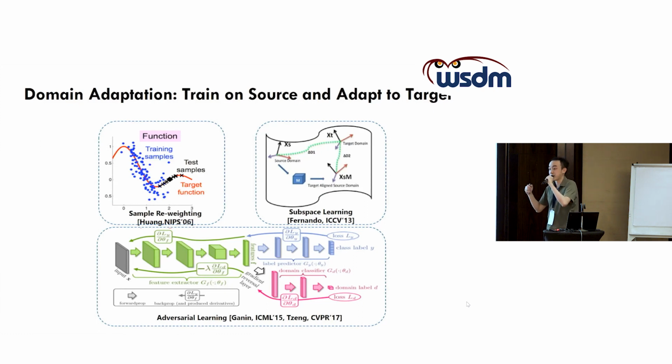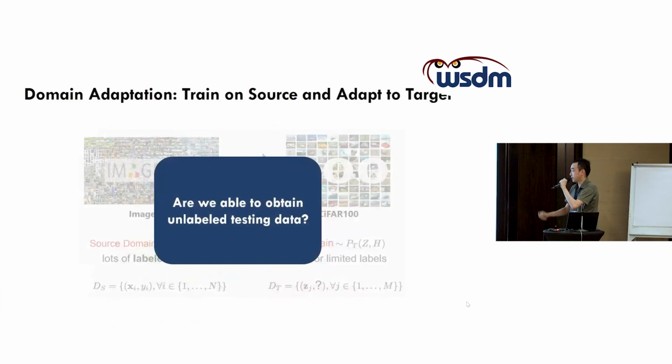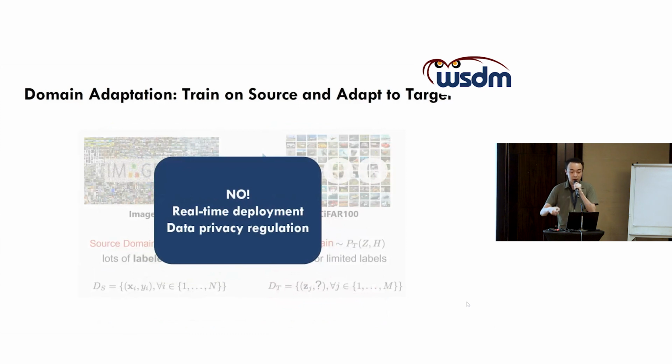But actually in practice, especially for online, real-time applications, this target domain is not available during the training stage. So we want to ask, are we able to collect this unlabeled testing data during the training phase? And just as I mentioned, the answer is actually no.